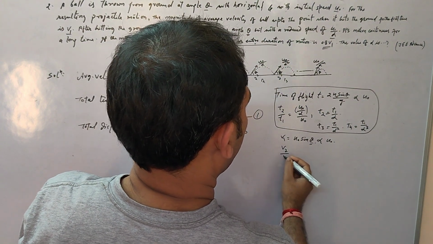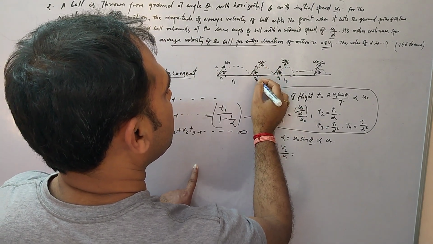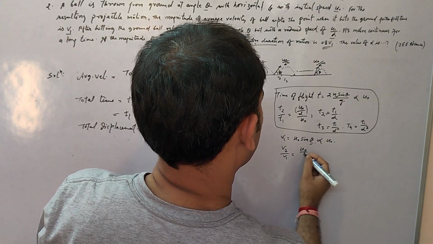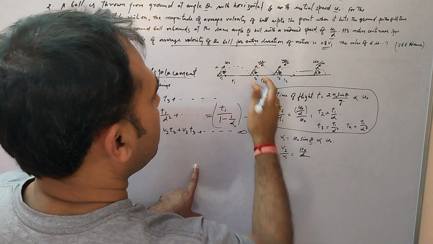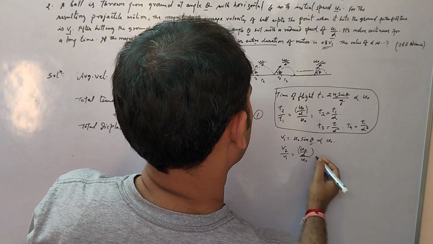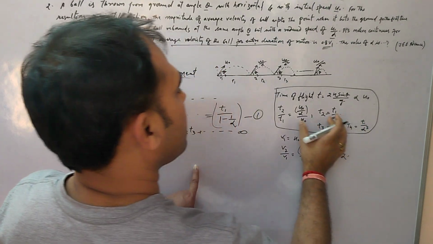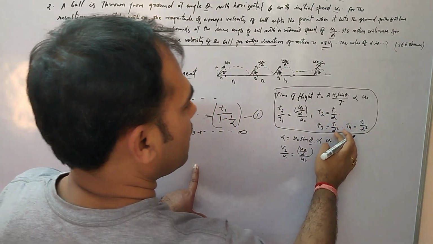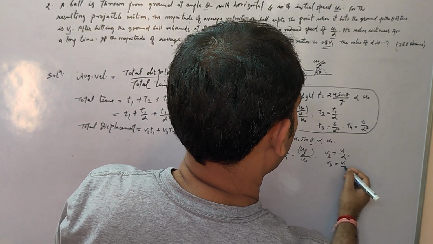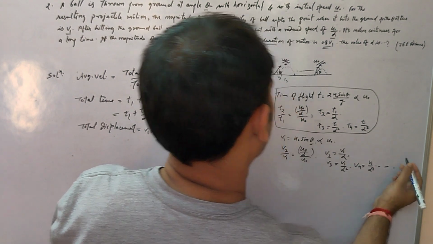V2 upon V1, V2 will be directly proportional to u naught by alpha, and V1 to u naught. So V2 will be equal to V1 by alpha. In a similar way, V3 will be equal to V1 by alpha square, V4 will be equal to V1 by alpha cube, and so on.